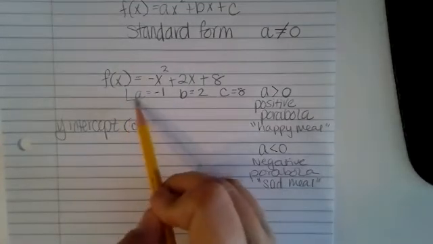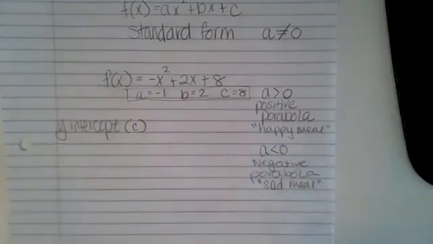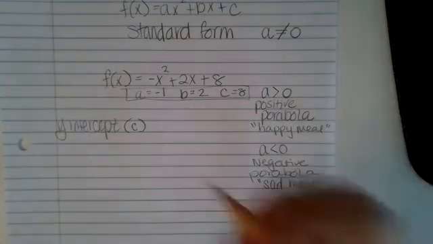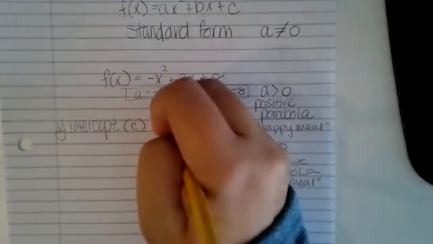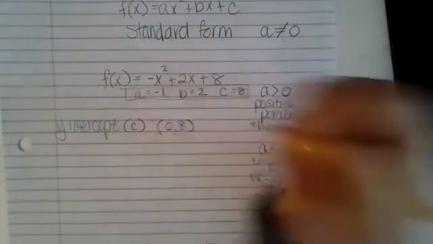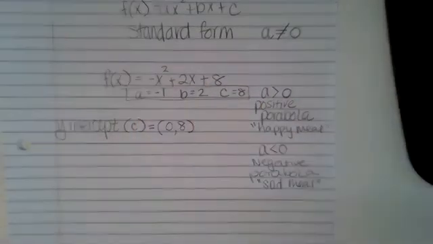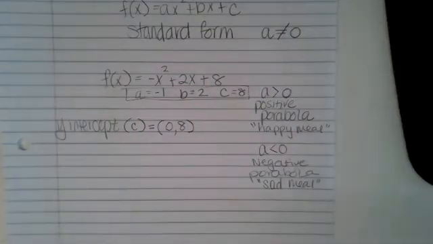These are the things that I can identify in standard form. So if my y-intercept is my c value, then I automatically know that this is an ordered pair of 0, 8. That would be my y-intercept. No math has to be done there, because all I'm doing is identifying that. Pretty easy and straightforward.